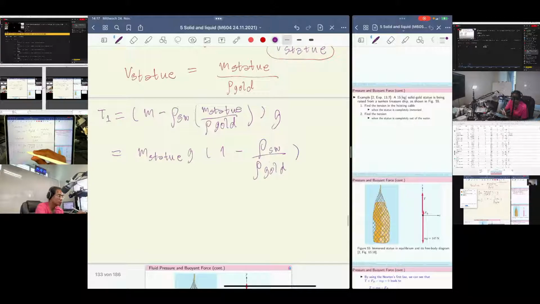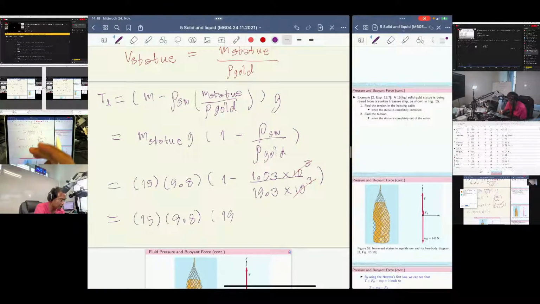If you go to the numeric by hand, without any calculator, you have 15, 9.8, and here you have 1930 minus 103, divided by 1930. You're going to get the result.